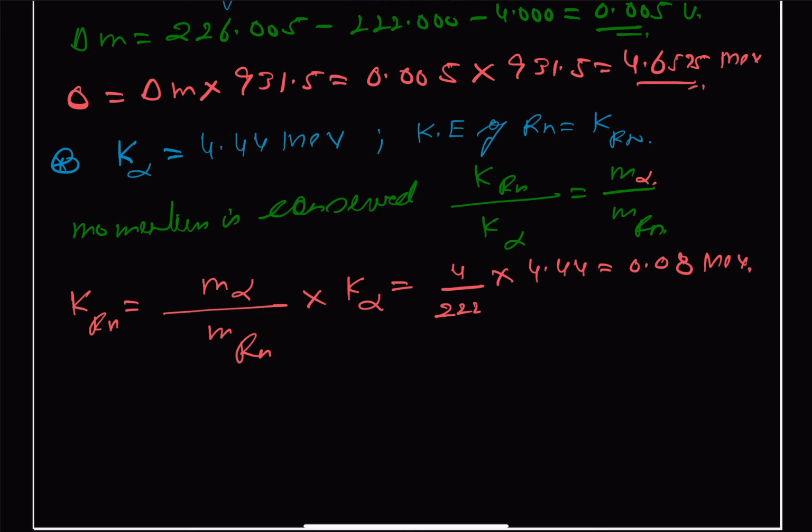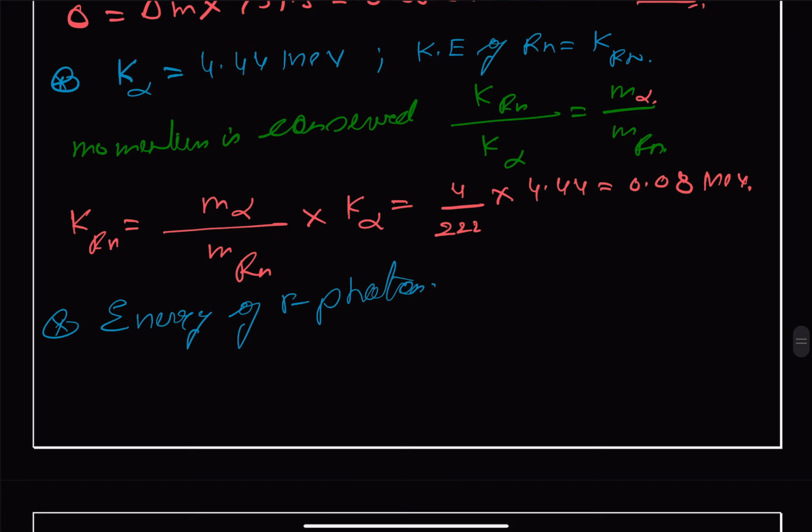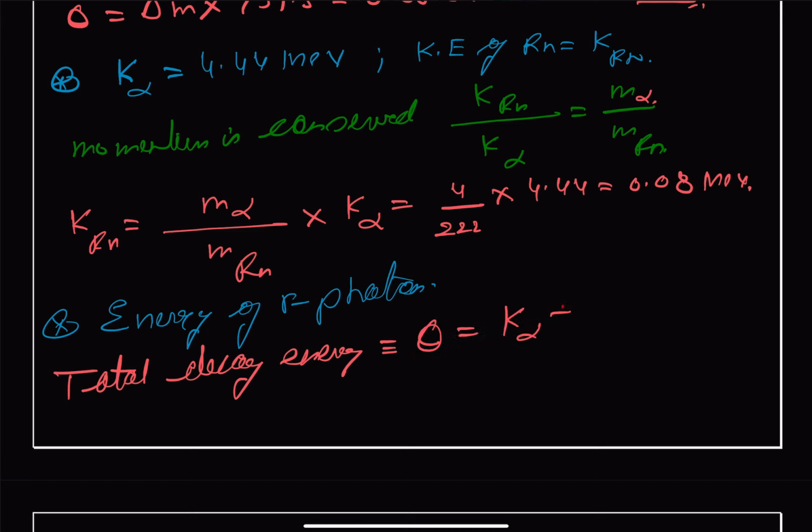Now we can easily find out the energy of our gamma photon. We can say that our total decay energy, which we found out is our Q value, Q is equal to energy associated with alpha plus energy associated with Rn plus energy associated with gamma.